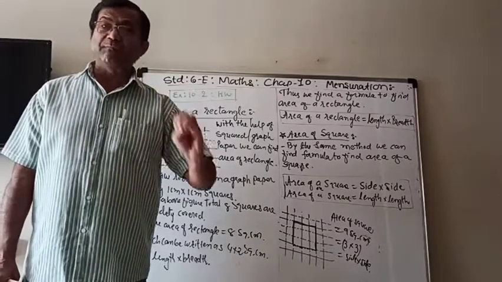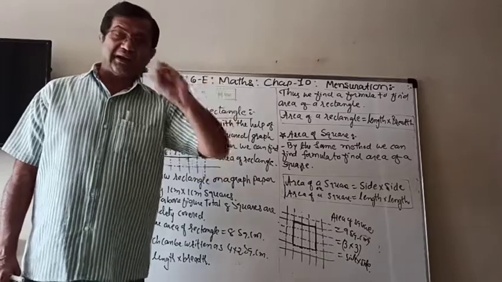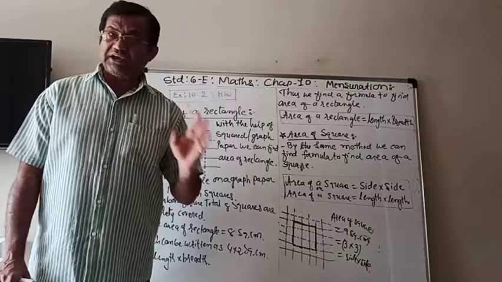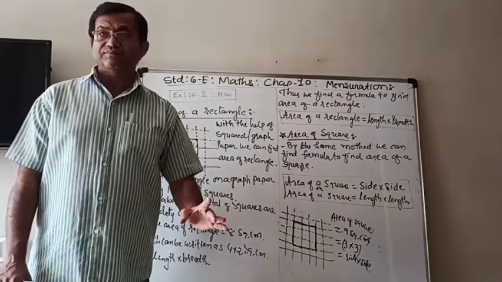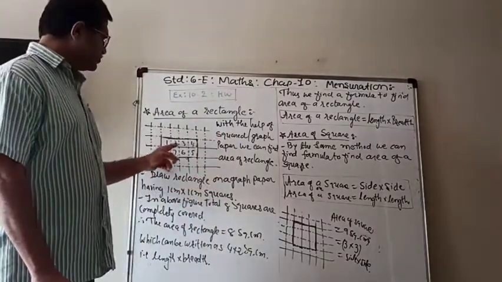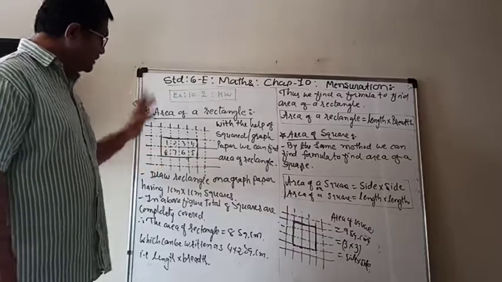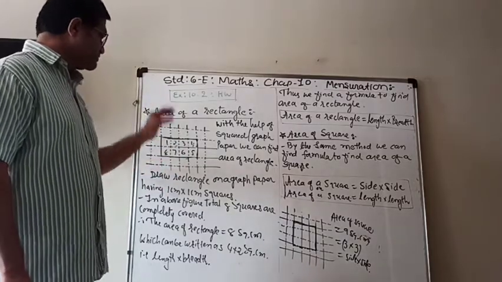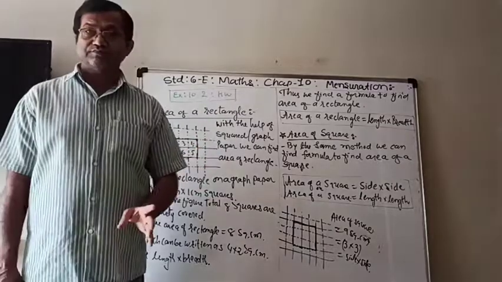Total 8 complete squares are enclosed in it. No half squares, no more than half, no less than half. It means that the area of this rectangle is 8 square units.